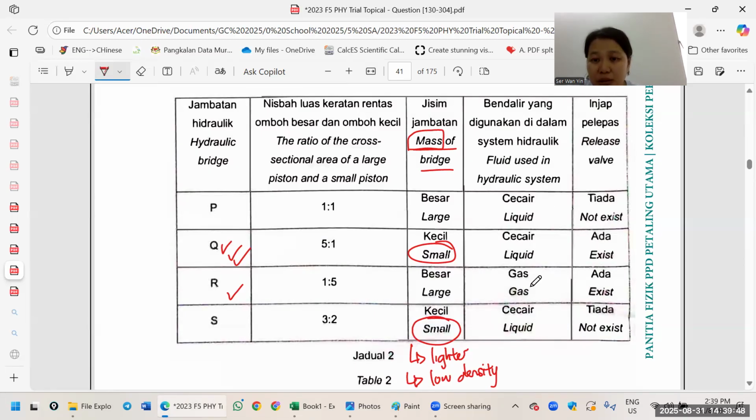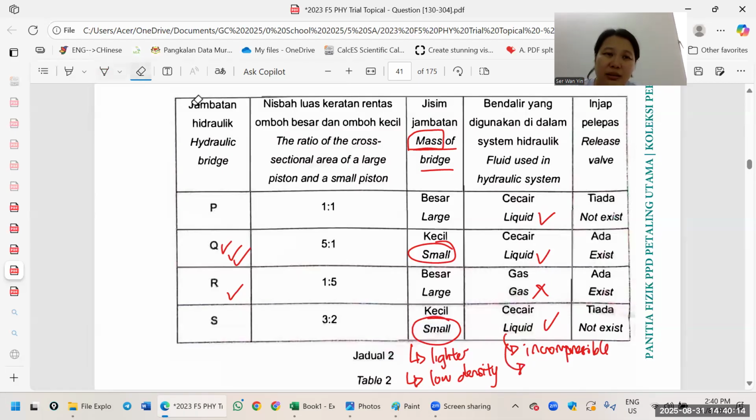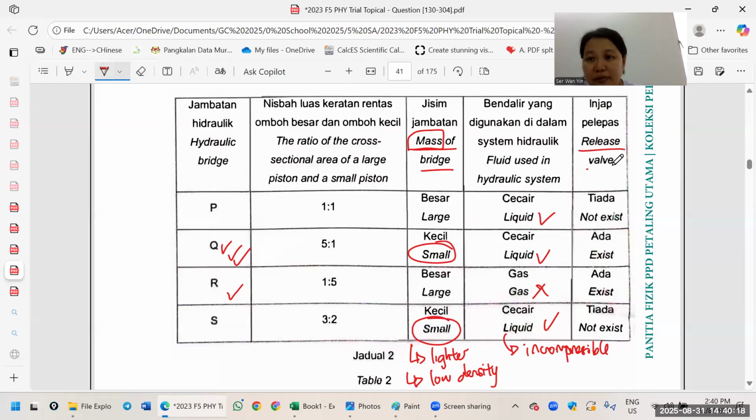Fluid used, gas or liquid? Gas, no, we don't want that. So liquid. Why? Because liquid is incompressible, so it can save force. Then the release valve.